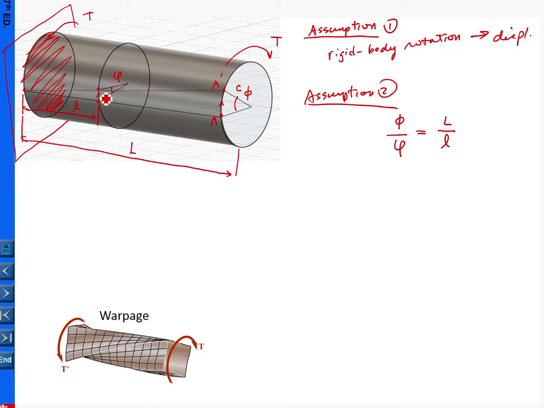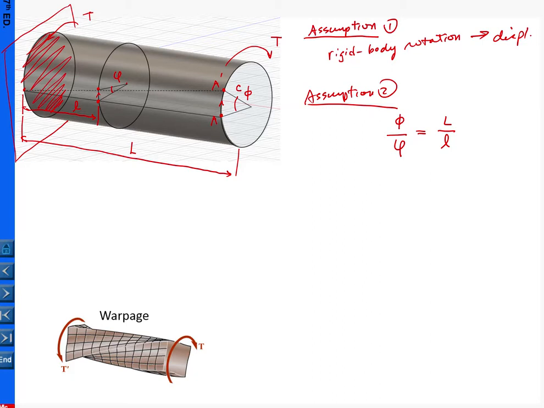The amount of the rigid body rotation that accounts for the displacement of the material point is proportional to how far the cross section is from the wall here. So the farther away from the wall, the more they rotate. Okay.